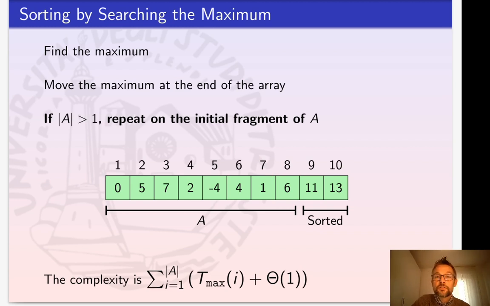Okay. Now, what's the complexity of performing all these operations? Well, the complexity is of course the complexity of searching the maximum, which is T max i, so the maximum among the i elements which haven't been sorted yet, and we will see how we can do it, plus the complexity of moving the maximum at the end of the unsorted part of the array, and this should be performed for all the lengths of the unsorted part of the array, which goes from the length of A itself, so the whole array, down to 1.